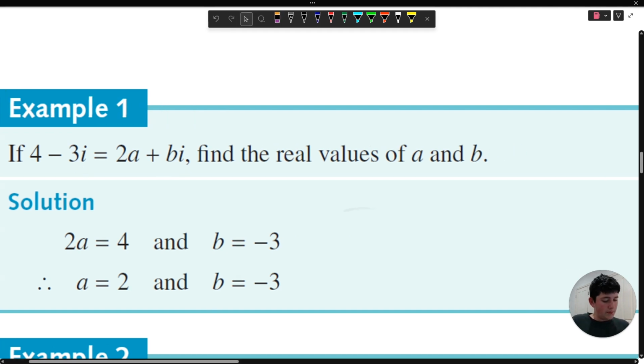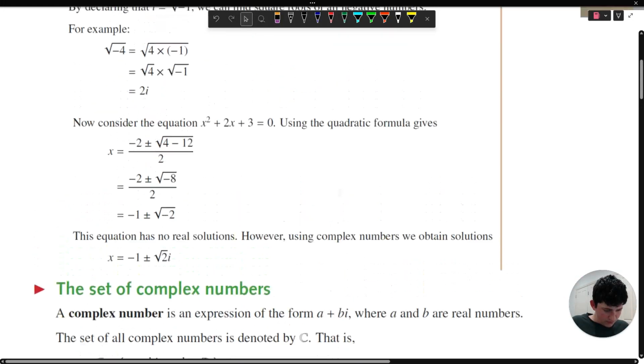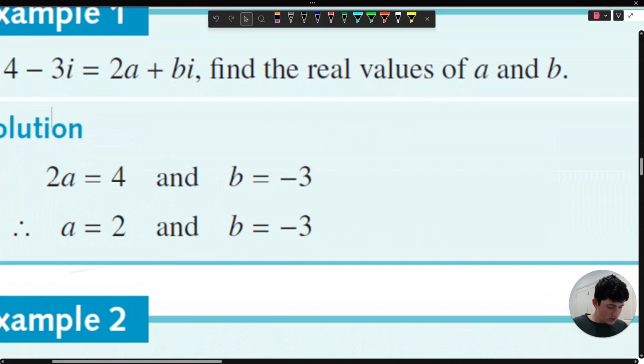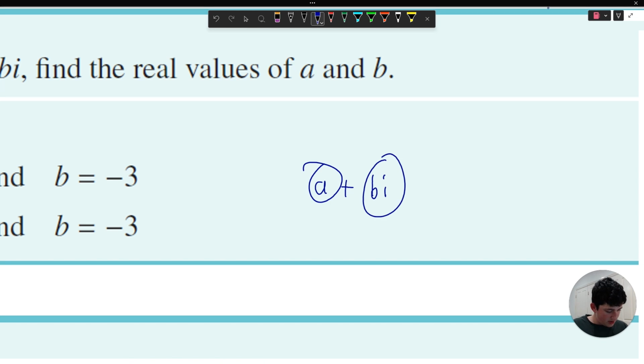This is pretty simple. Now, the form that we need to start building these complex numbers in is a plus bi, where a is the real part and b is the imaginary part, where bi is the imaginary part.